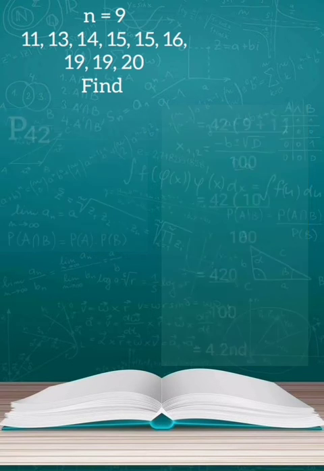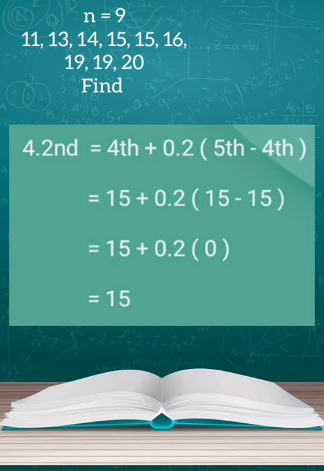The 4.2 term equals the 4th term plus 0.2 multiplied by the 5th term minus the 4th term, is equal to 15 plus 0.2 multiplied by 15 minus 15, is equal to 15 plus 0.2 multiplied by 0, is equal to 15. So the 42nd percentile is 15.